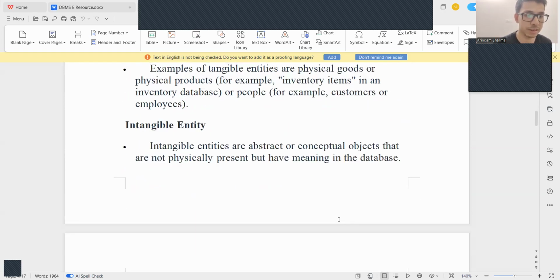So what is an intangible then? Intangible entities are abstract or conceptual objects that are not physically present but have meaning to the database. So this is important.